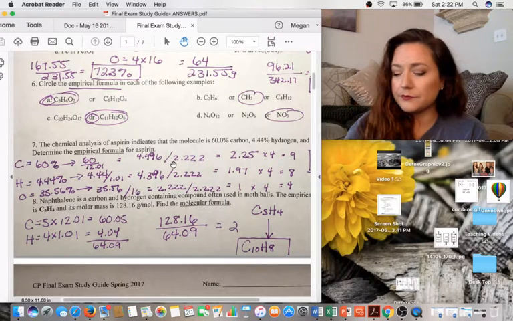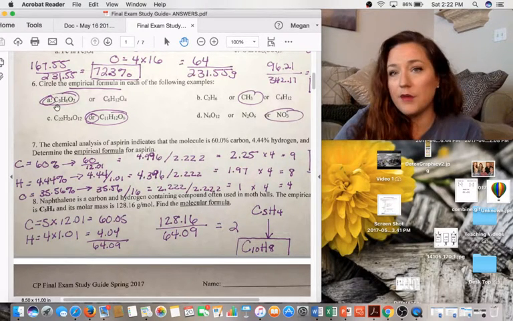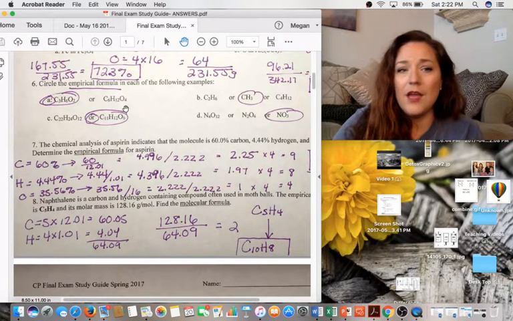So for A, because carbon has a 3, that's the smallest C3H6O2 can get. But here, your carbon has a 6, your hydrogen has 12, and your oxygen has 4. Those can each be divided by 2 to get smaller.